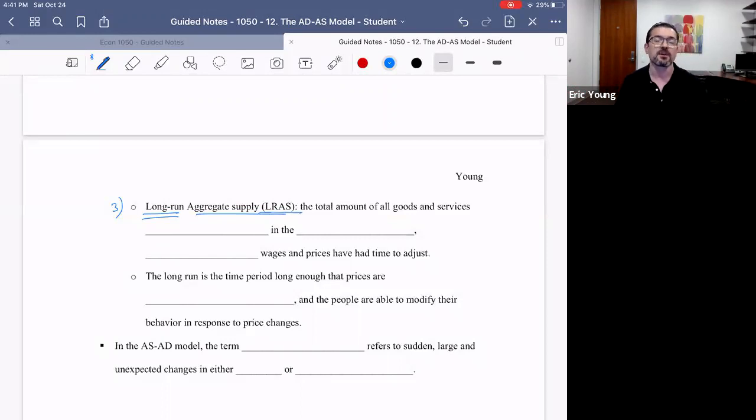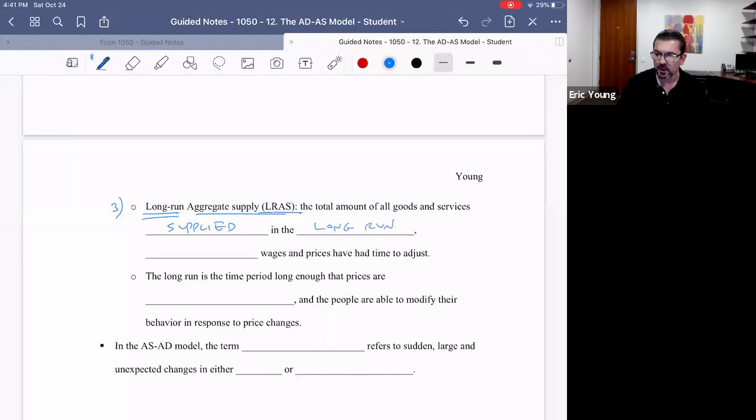But note that even though short run aggregate supply and long run aggregate supply are both supply curves, they're totally different and they're treated separately. The long run aggregate supply curve is the total amount of all goods and services supplied, as the name says, in the long run.